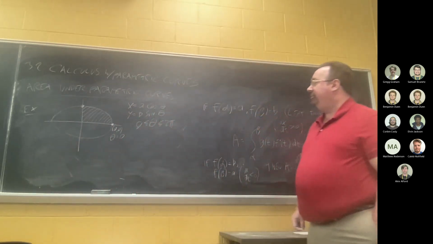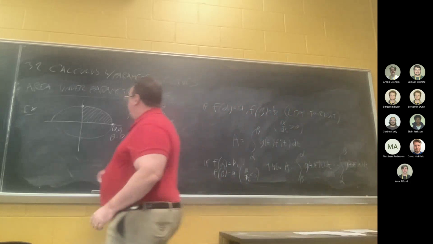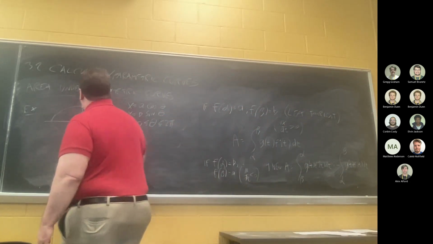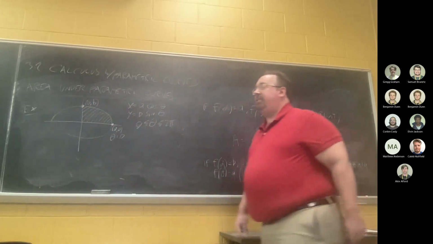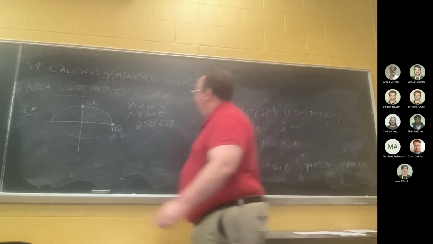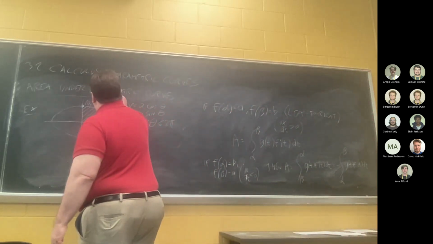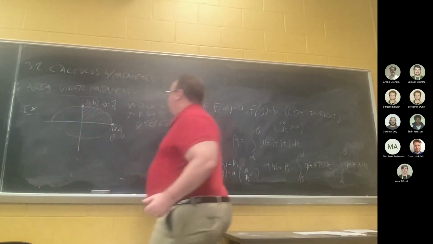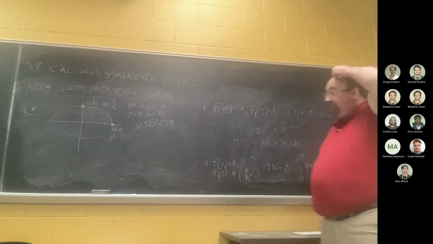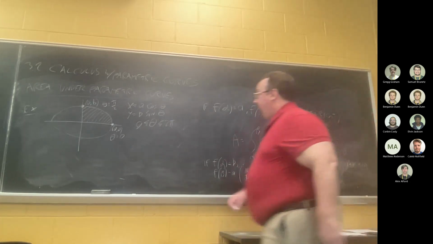This is the point where x is equal to 0 and y is equal to b. But what theta value is that? Pi over 2 radians. So I'm going to have an integral from 0, not 2 pi, from 0 to pi over 2.